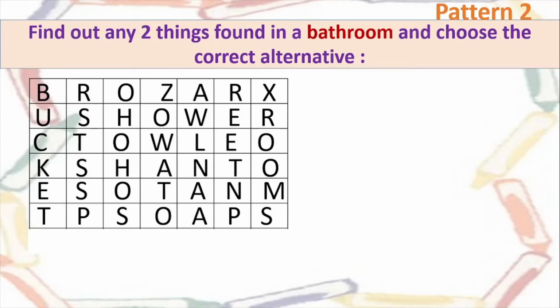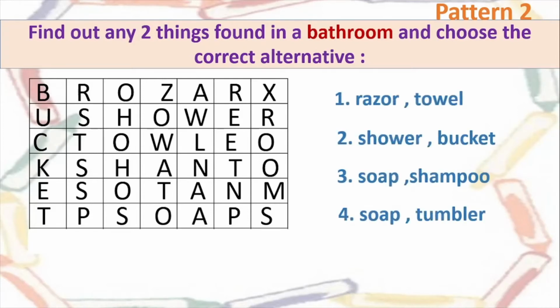So these are the 4 pairs. One is a razor and towel, second is shower and bucket, third is soap and shampoo, and the fourth one is soap and tumbler. Now remember, you have to find both words to choose that particular alternative.